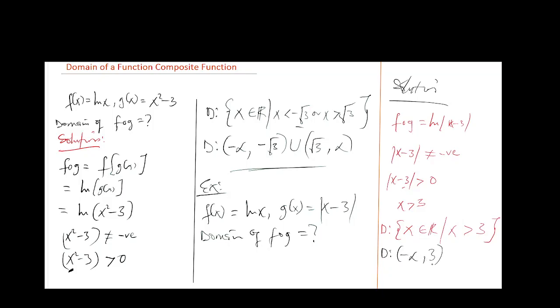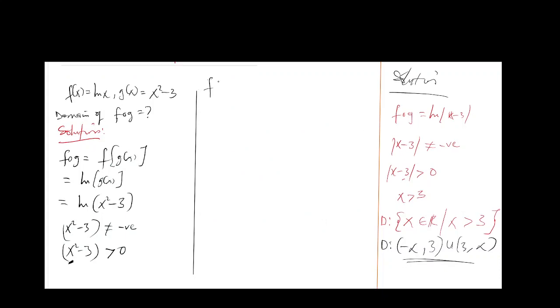Remember, because 3 is not included, that is why we are using the parenthesis, union 3 to positive infinity, and that is that. For the sake of practice, again, solve this, and you can leave your answers in the comment section.